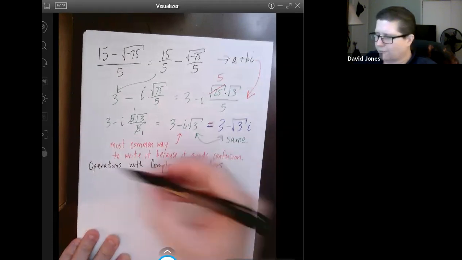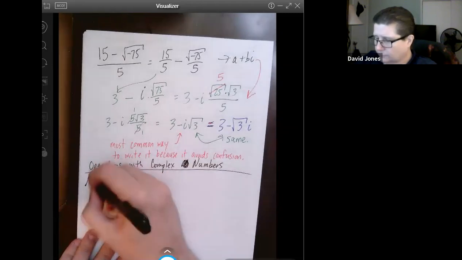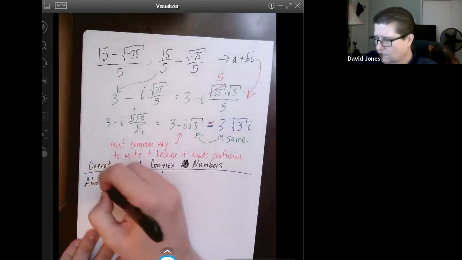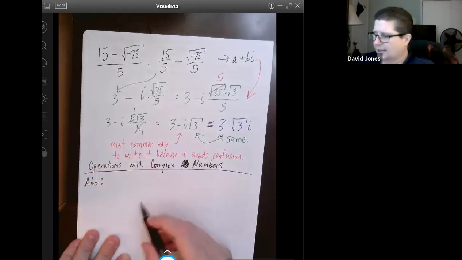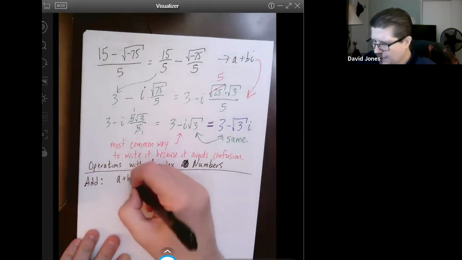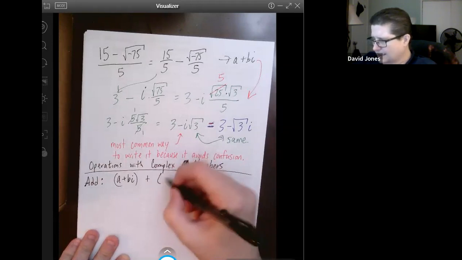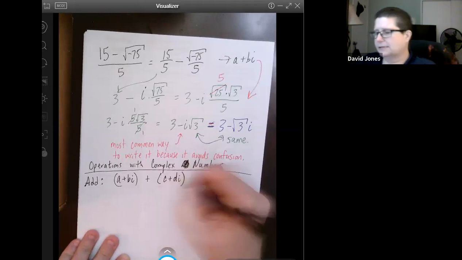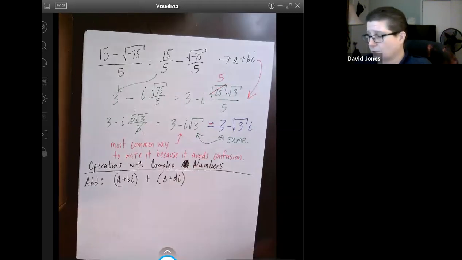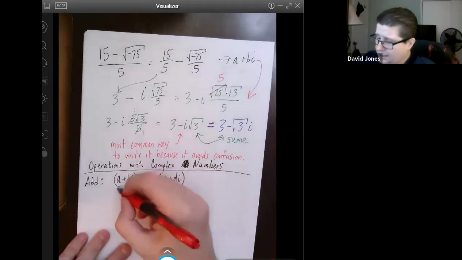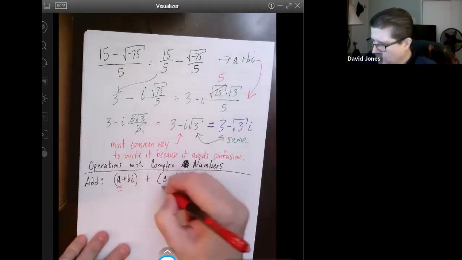We can start off with addition. If I have A plus Bi and I add it together with, let's say, C plus Di, well, the A and the C are real components.